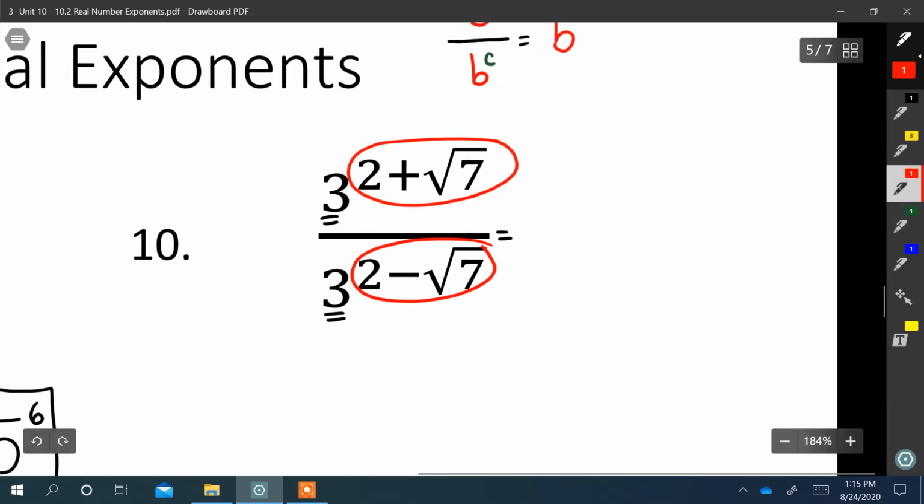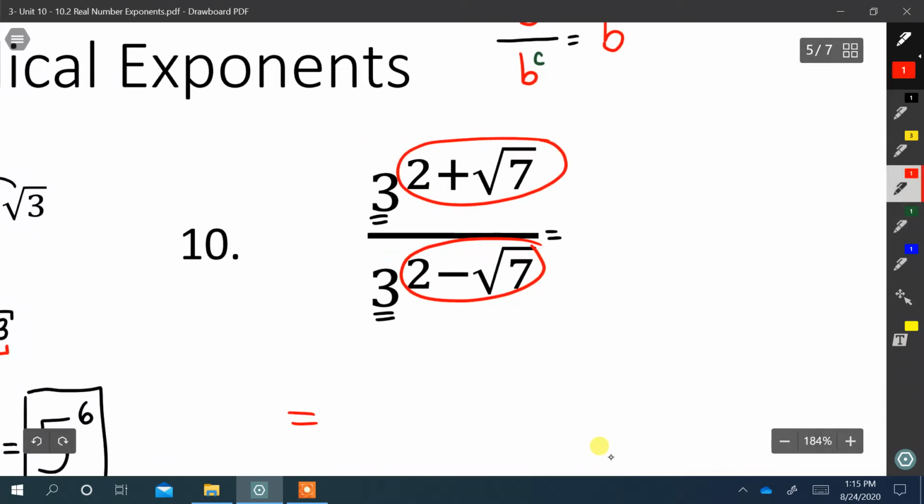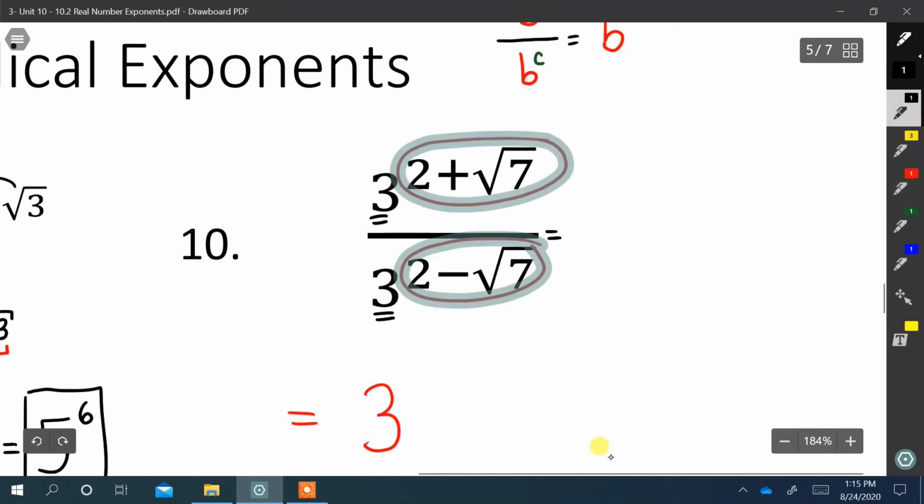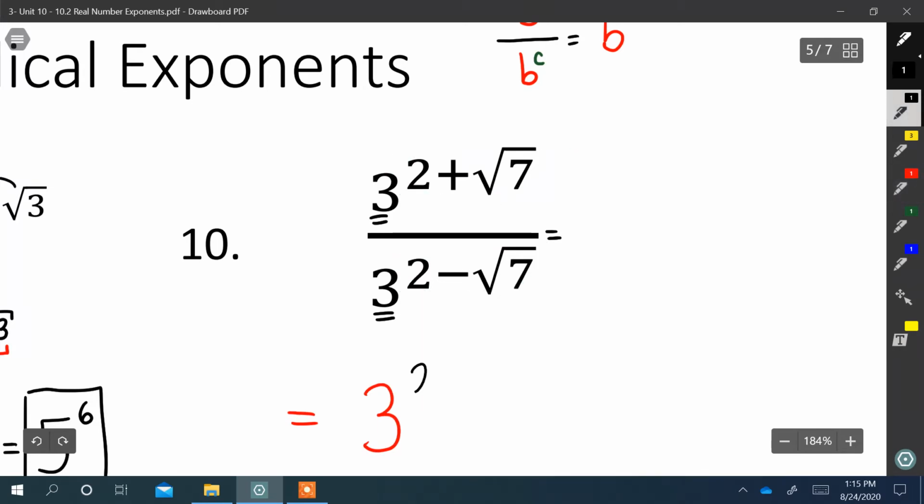So first of all, we have the same base. We have to make sure that we have the same base. Now we're going to subtract the top, which is 2 plus the square root of 7, minus what's on the bottom, this right here. Now we do have to use parentheses because we're subtracting the whole thing.